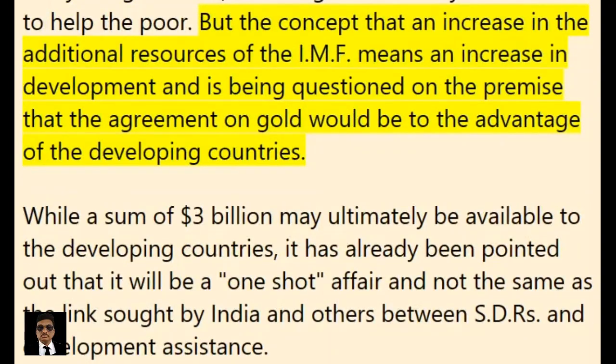But the concept that an increase in the additional resources of the IMF means an increase in development is being questioned on the premise that the agreement on gold would be to the advantage of the developing countries.